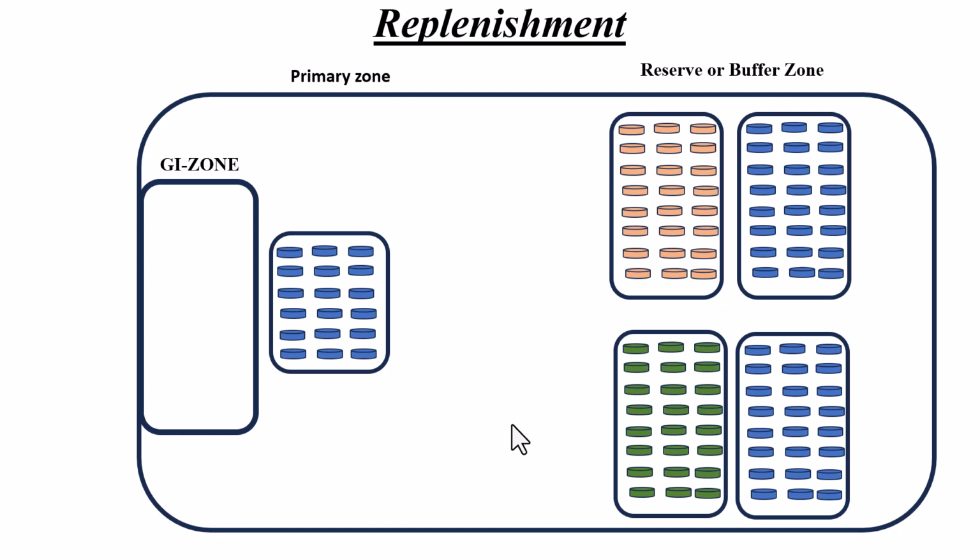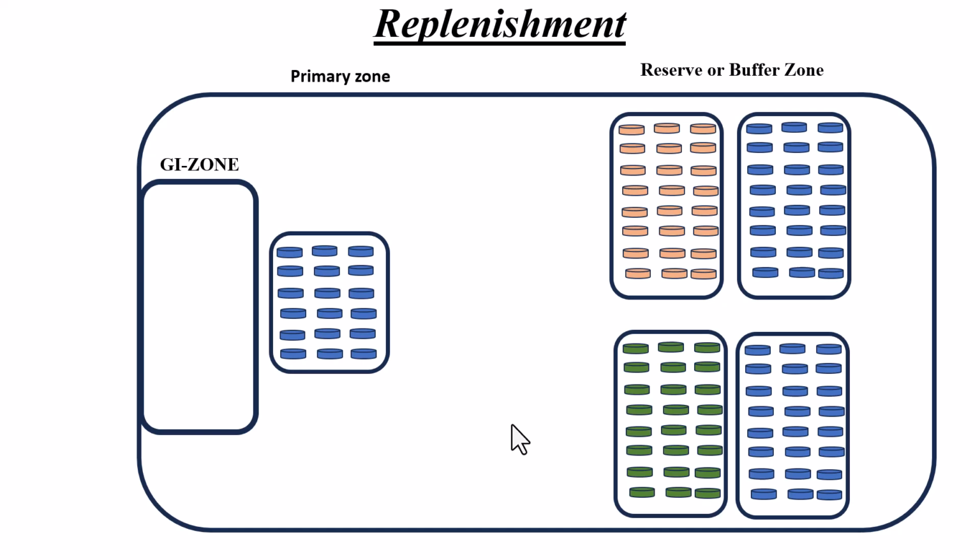The area near the goods issue zone is called the primary zone. Wherever the products are placed in the warehouse at their destination is called the reserved zone or buffer zone. Instead of going to the buffer zone for each and every delivery, picking products from the reserved zone and issuing them, it's better to go with a primary zone.